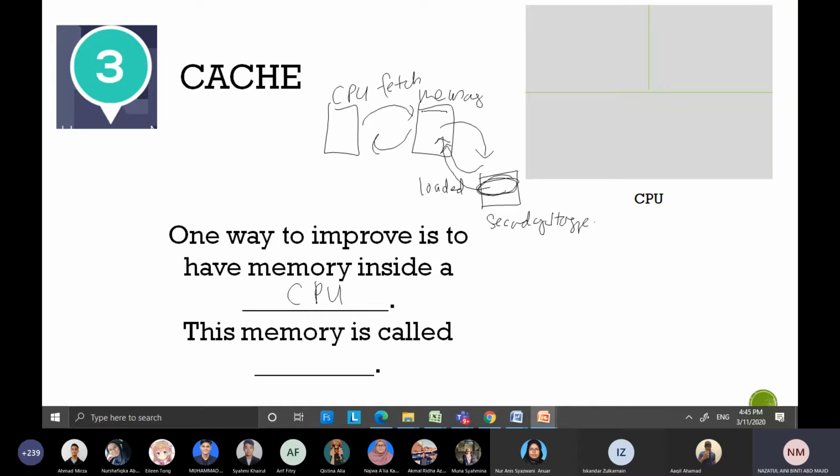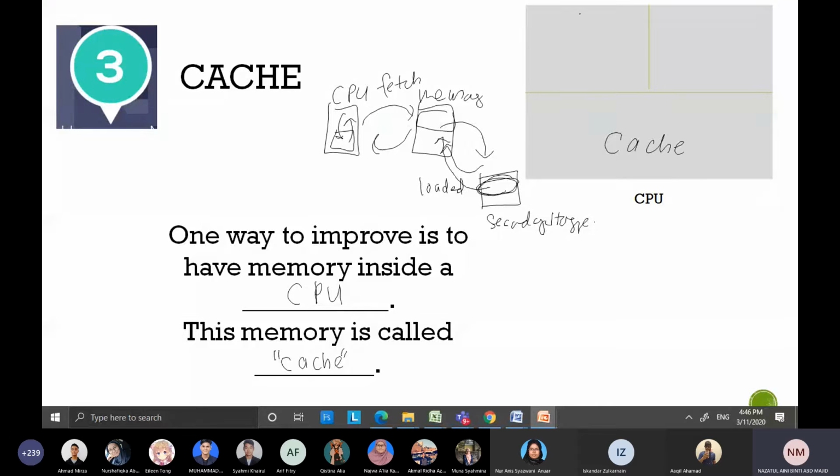If part of the instructions are inside the CPU, it will be much faster. This memory is called cache, like money, right? So this is the CPU, and inside the CPU is the cache.